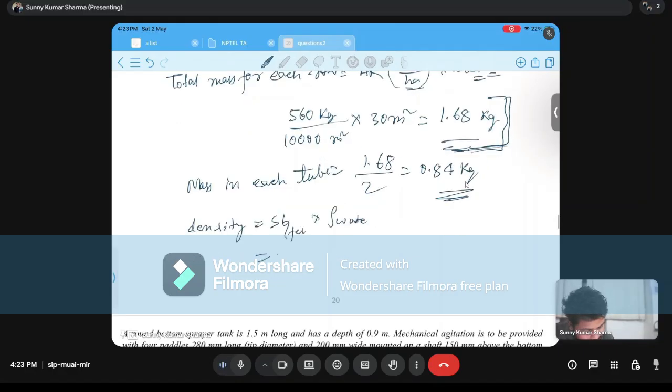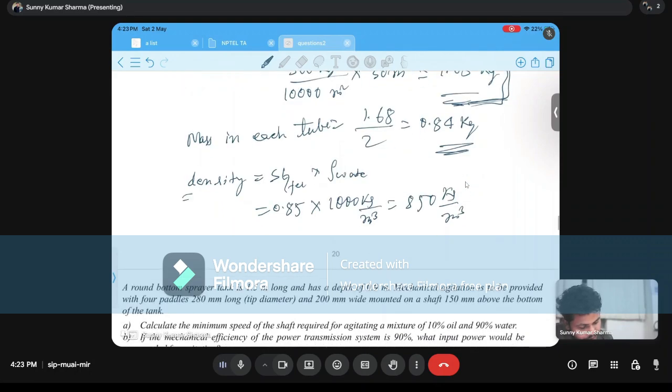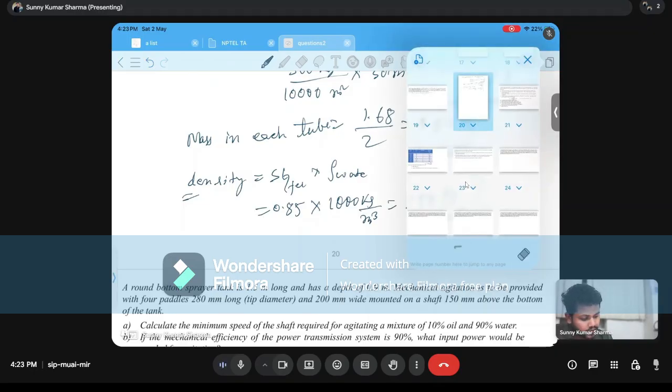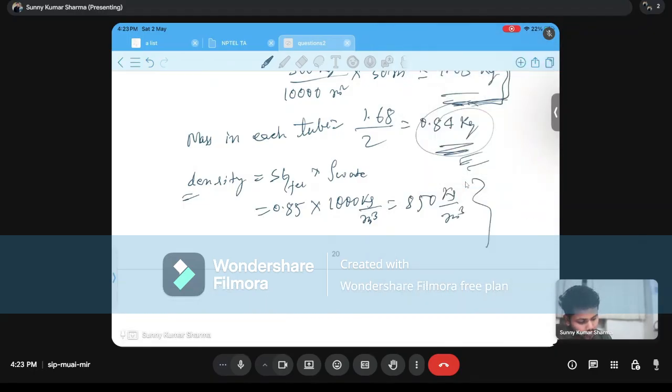So specific gravity is 0.85 and density of water is 1000 kg per meter cube. So it is 850 kg per meter cube. So the density of the fertilizer is this much and the mass in each tube is 0.84 kg. So from here you can easily find the volume in each tube.